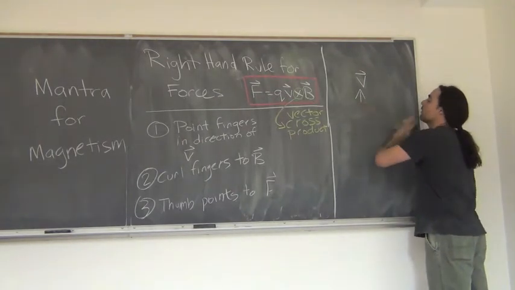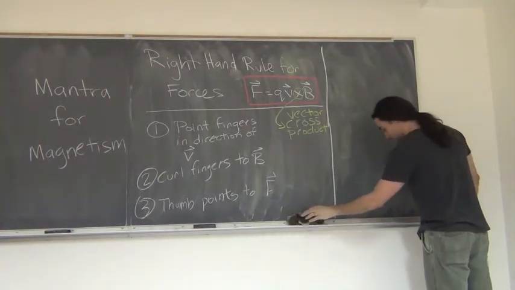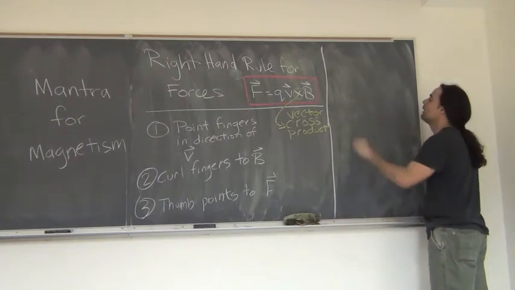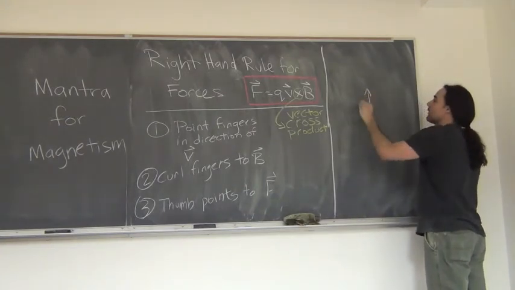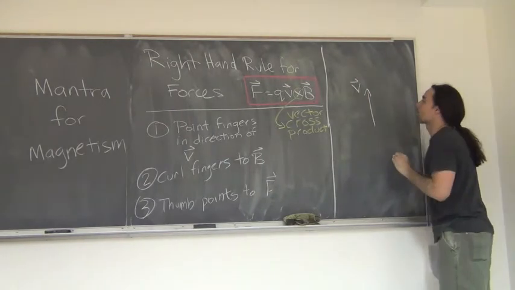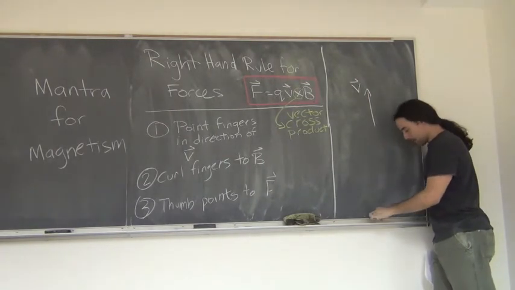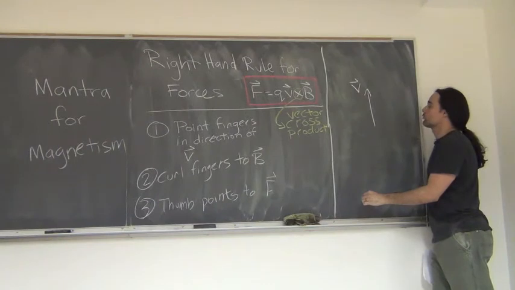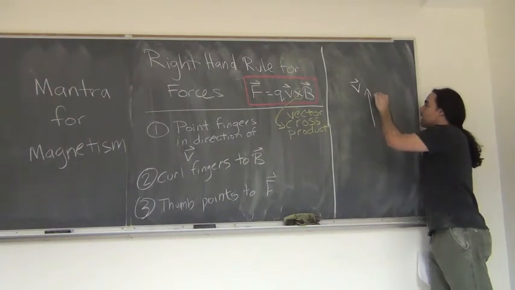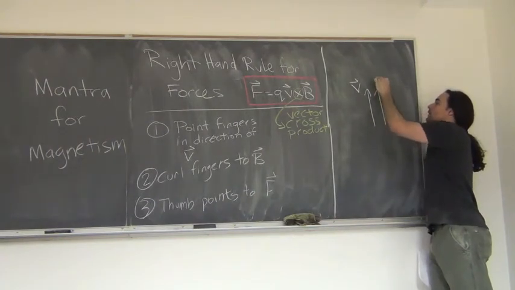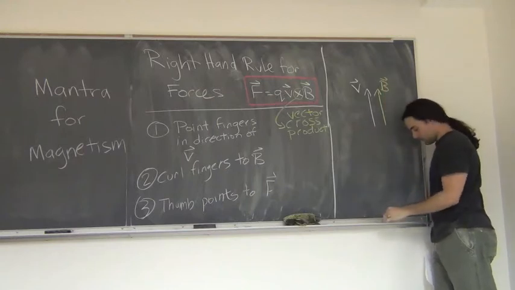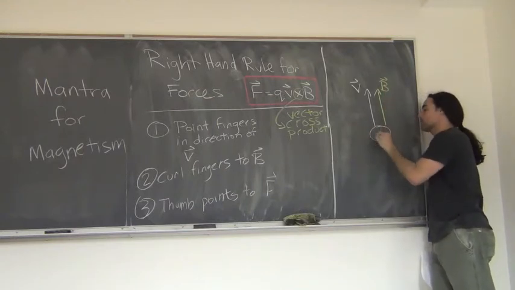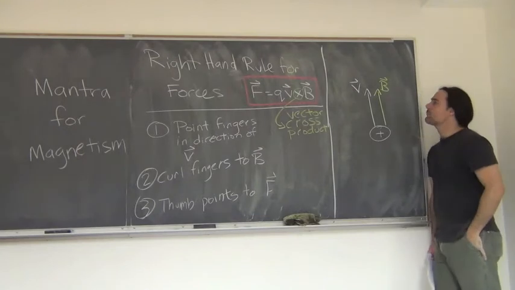Let's do another example. Say your velocity is this way. And say your magnetic field is also this way. And again, it's a positive charge. What happens in this case?